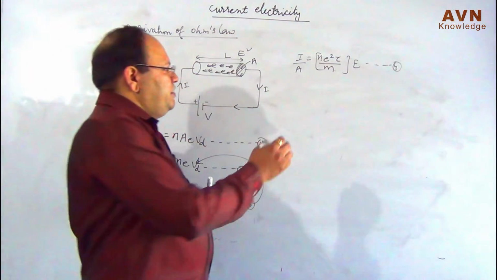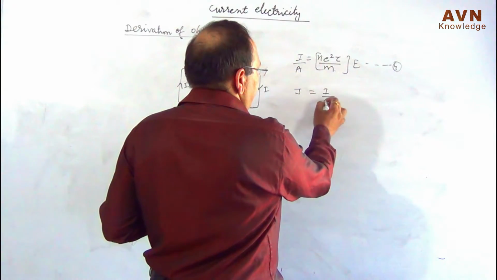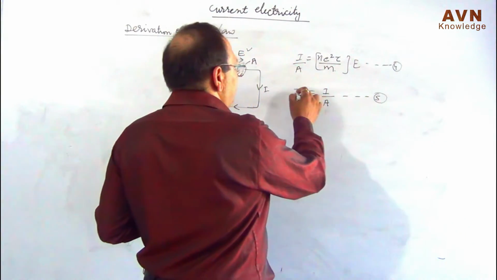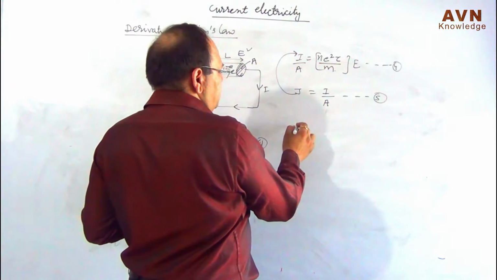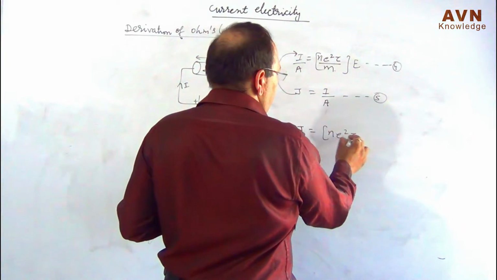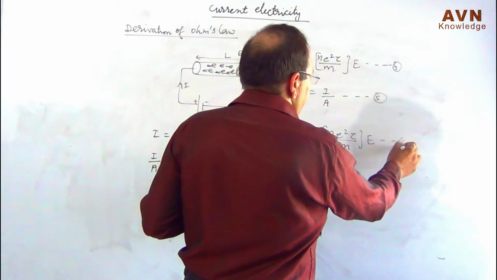And what is J? J is the current density, that is I upon A. When you put the formula in terms of J, then J equals n e square tau upon m into E. This is equation 4.